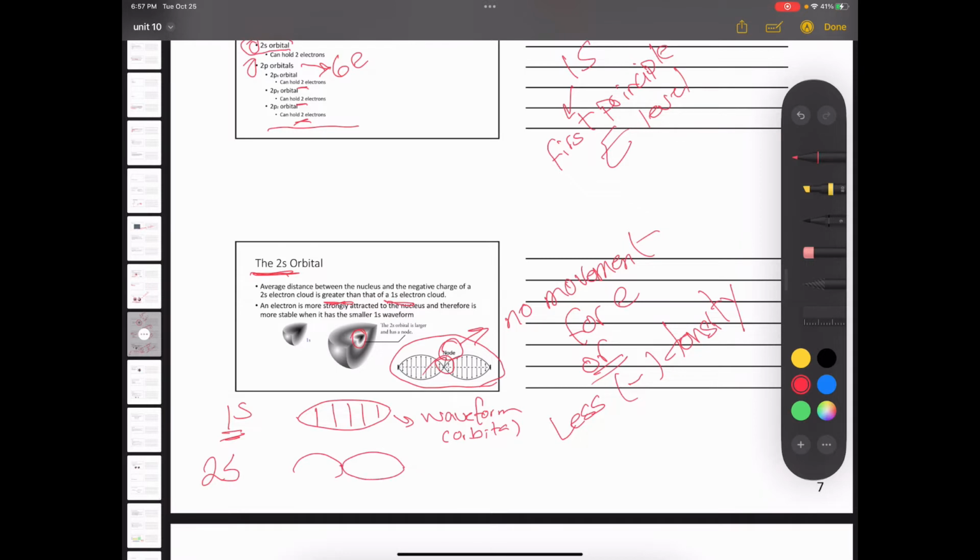There is a node in the center. So the intensity of the negative charge really diminishes at some point and then goes back up again. And that's because of the movement of the electron in the second principal energy level.